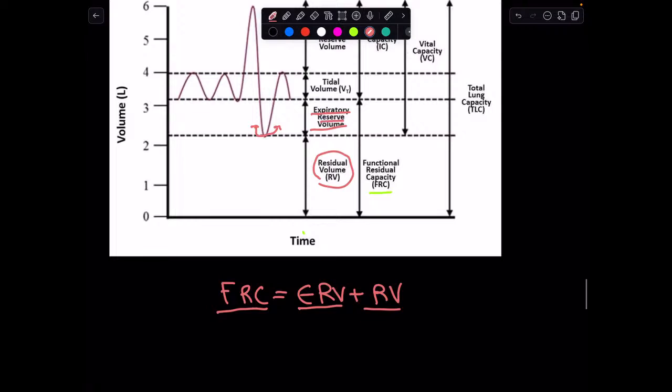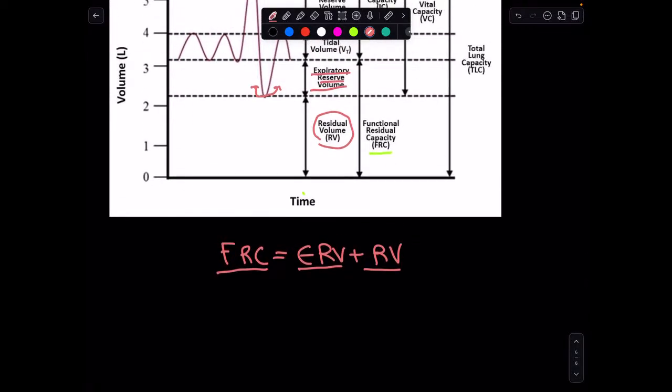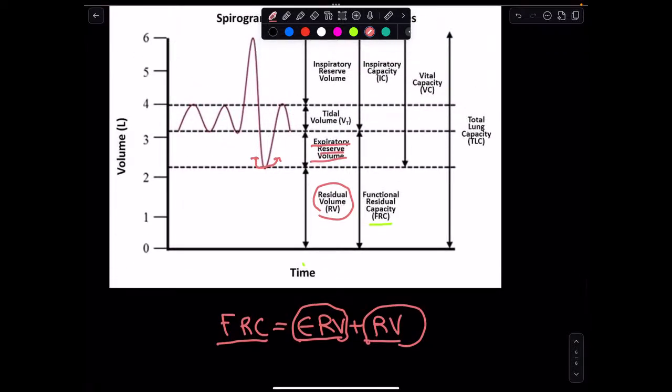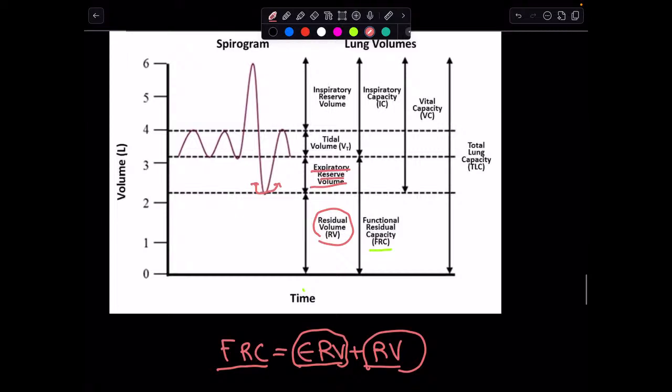Okay, now where I get confused is why the functional residual capacity is the addition of these two. Like, who gives it the right? Is it the functional? Is it the word residual? Is it the word capacity?